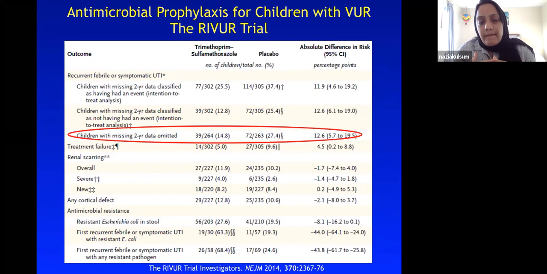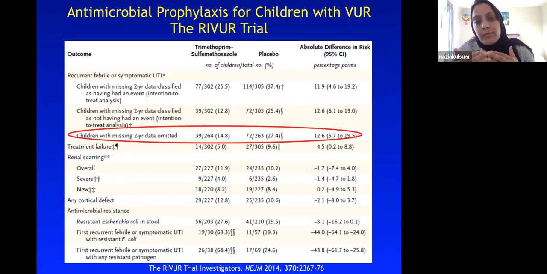So the practice has kind of changed. I tend to be a little more conservative. If I feel like it is a female, if it is bilateral reflux, if they have other defects that may put them at a high risk for UTI, I still prescribe prophylactic antibiotics for low grade reflux.